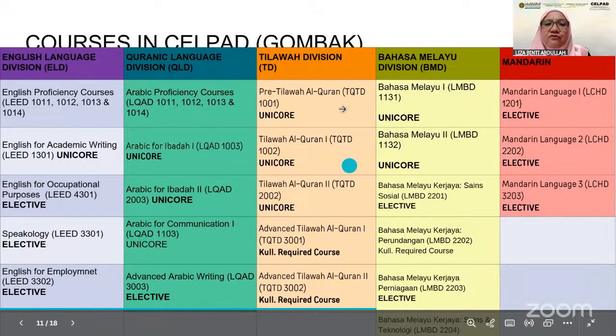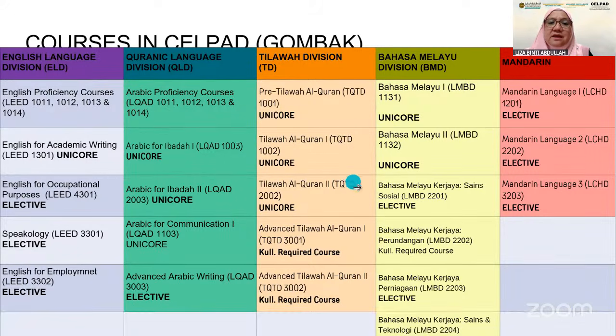All right, now for tilawah, we do have tilawah. Everybody has to do tilawah. Please bear in mind, when you come here, you make sure you sit for TPT. TPT is tilawah proficiency test. So you have to do this.